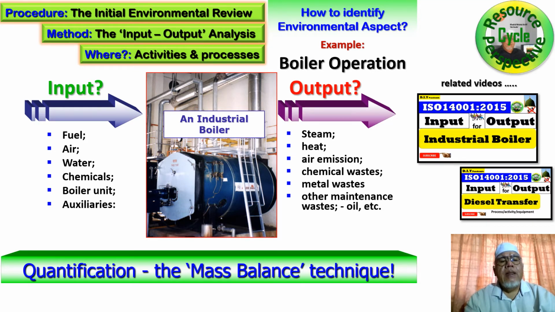These are all environmental aspects: fuel, air, water, chemicals, boiler unit, auxiliaries, other materials, etc. These are all environmental aspects that enter the steam generation process. Boiler is an equipment. The process is steam generation.